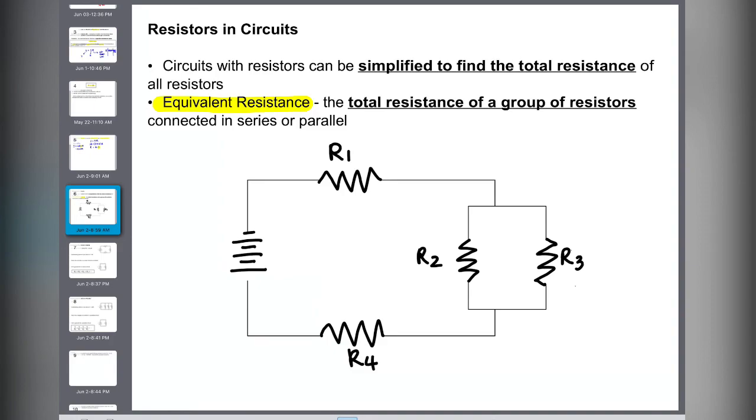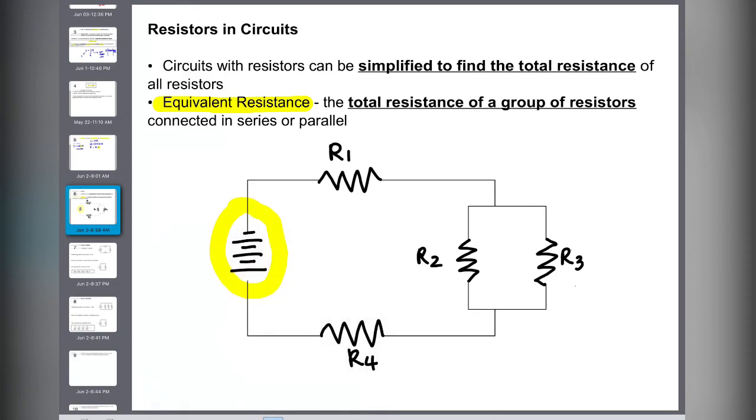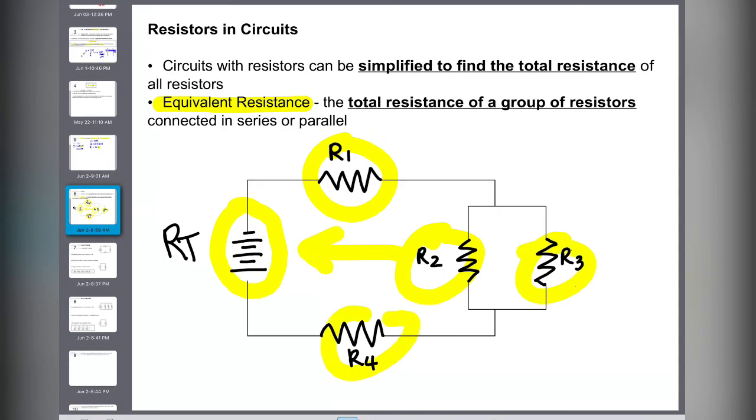They're all separate, but they're asking you, how about the overall? If I were to say at the battery, what would the total resistance be that it is going to feel from all of these resistances acting together? How will they impact the overall total resistance of the circuit? That's what equivalent resistance is.